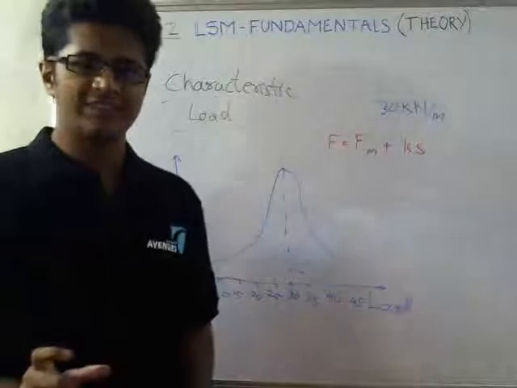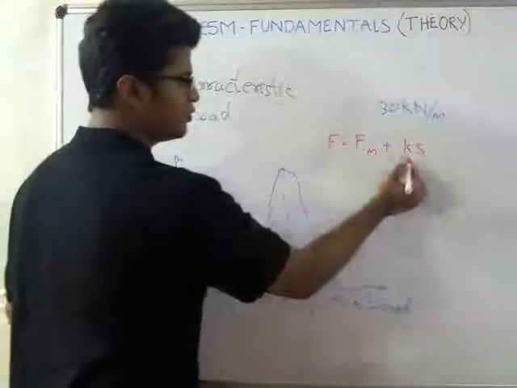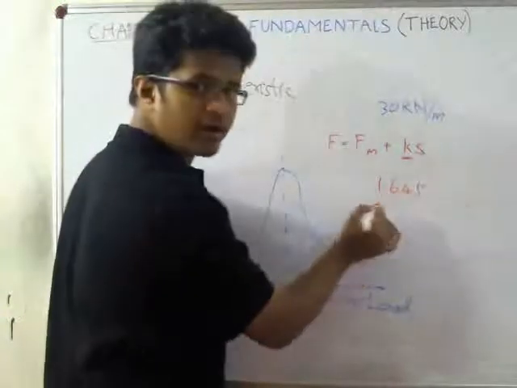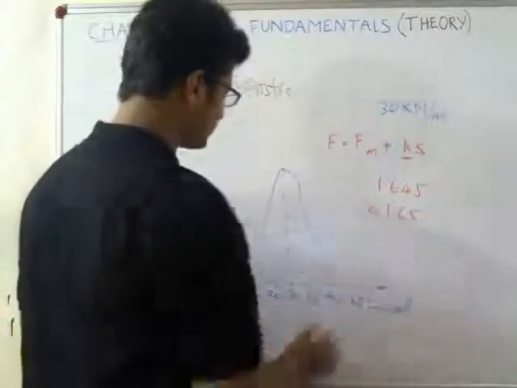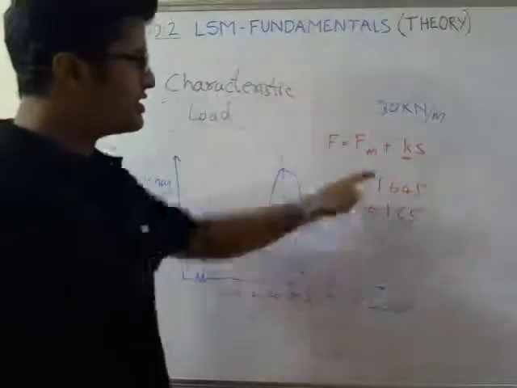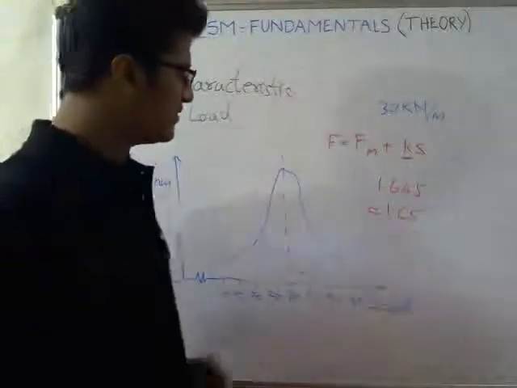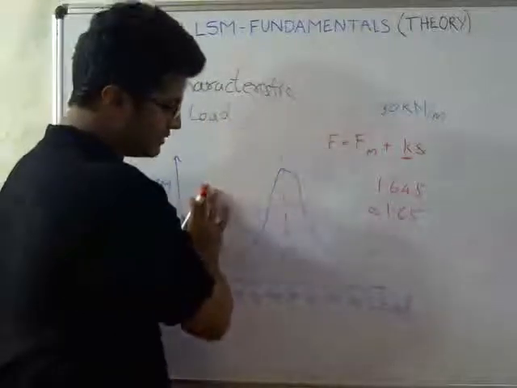For 95%, the value derived in mathematics for K is 1.645, or you can round it up to 1.65. For this 95%, 1.65 is the value.